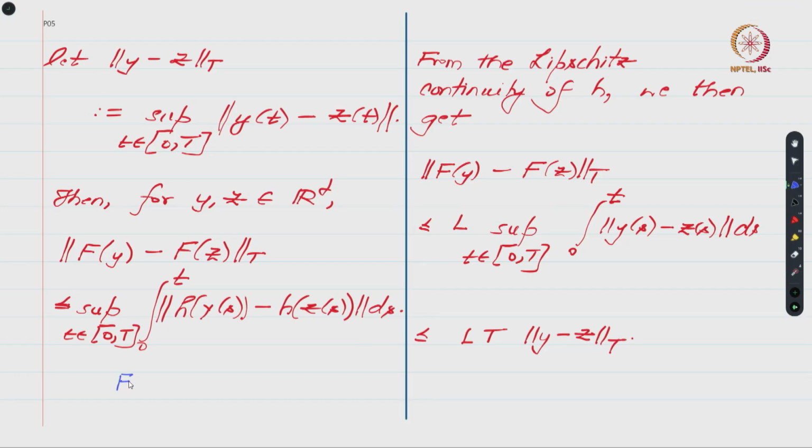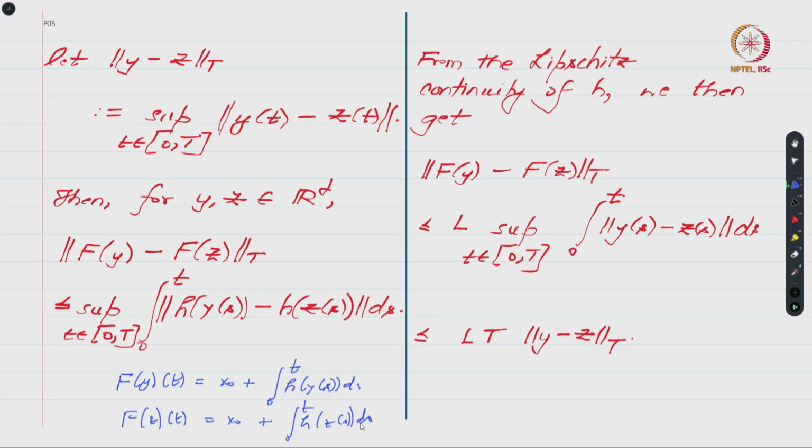So what is your f of y? f of y, in particular f of y at time instance t, is basically x naught plus the integral from 0 to t of h of y of s ds. Similarly, your f of z at t is equal to x naught plus the integral from 0 to t of h of z of s ds.